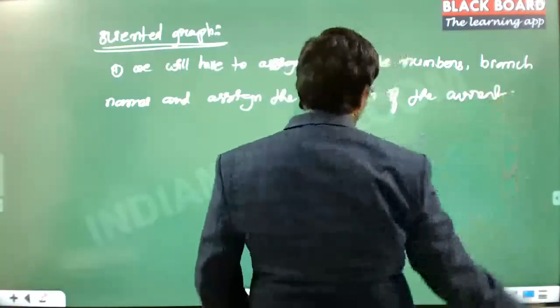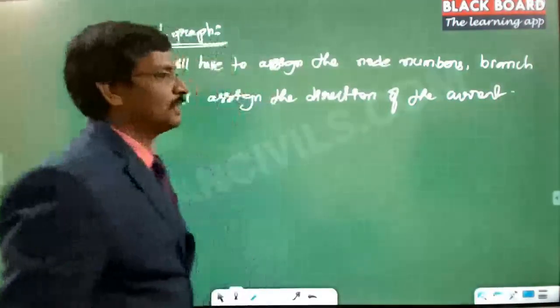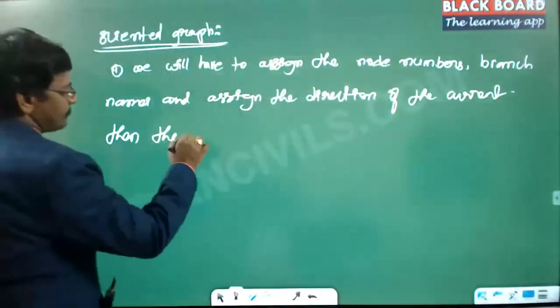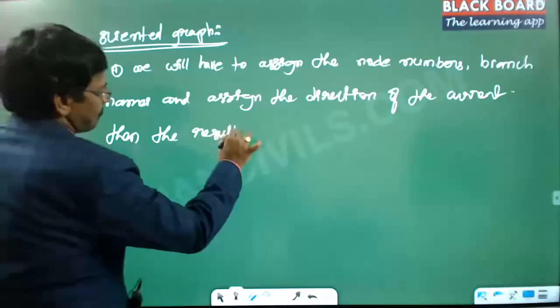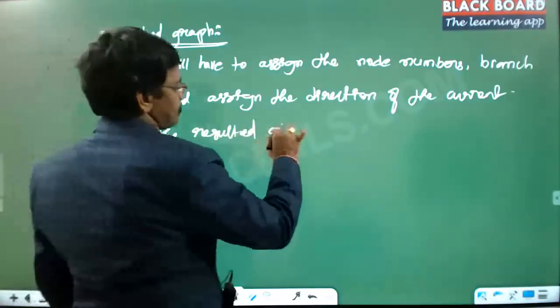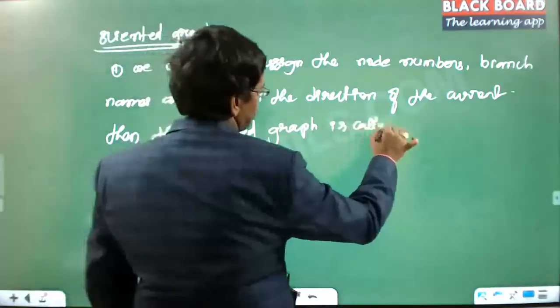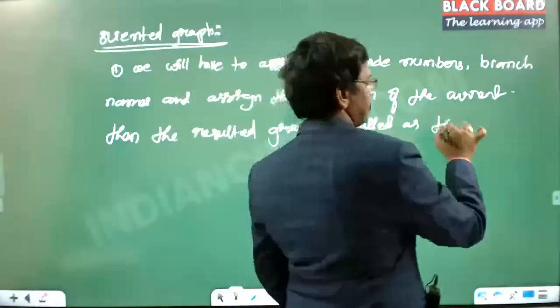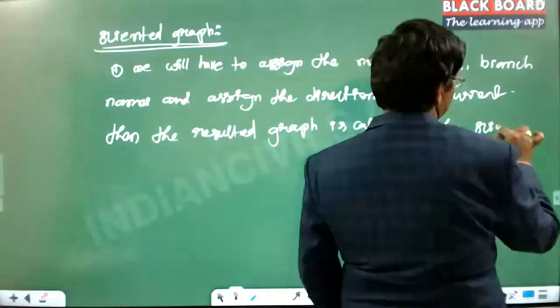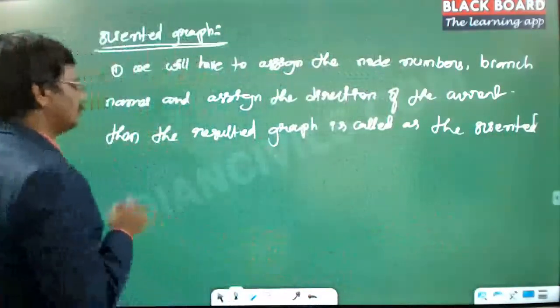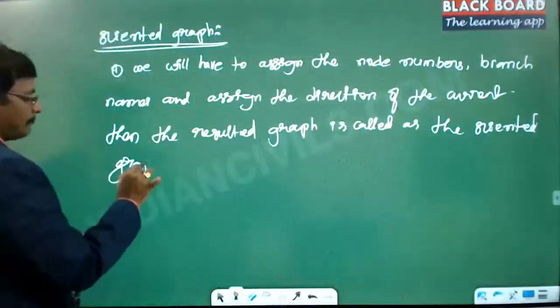Usually, if it is for nodes, we take the voltages. Then the resulting graph is called the oriented graph. So this is called the oriented graph.